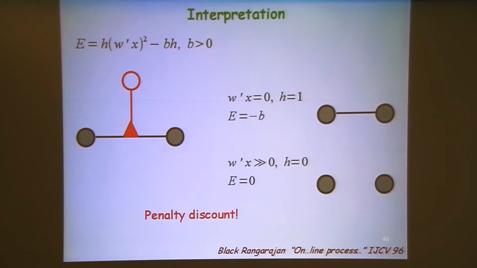You multiply by something that is smooth, and you get 0. In this case, if the latent variable is equal to 1, you get an energy value equal to the minus bias, which is a negative value. And the Markov random field, when this is equal to 1, reduces to this, for a 2-pixel image.